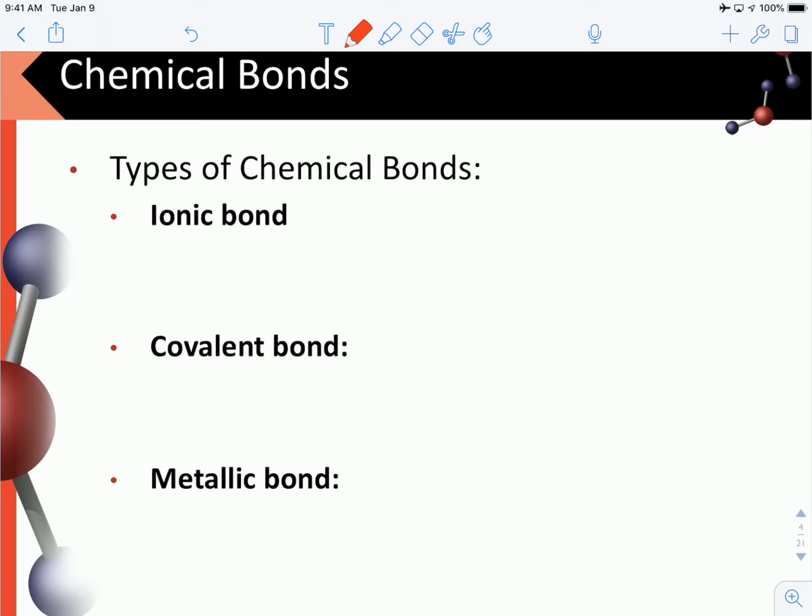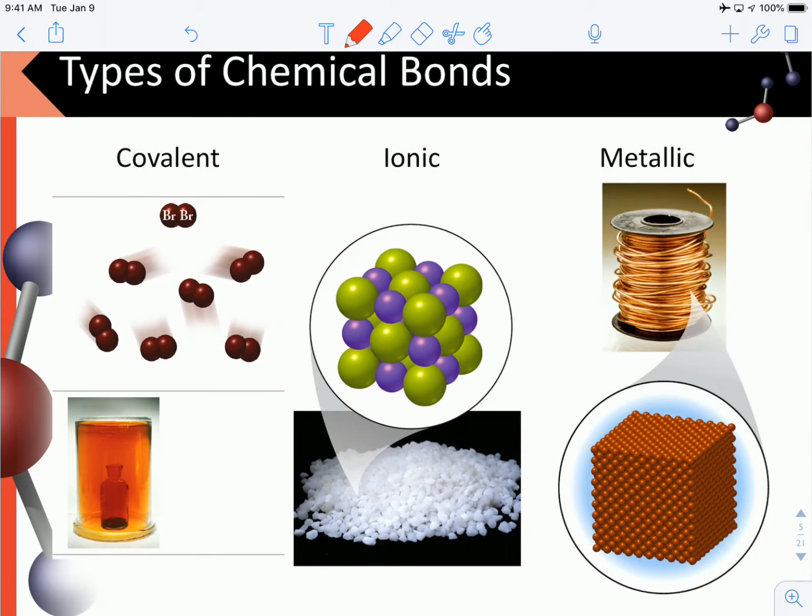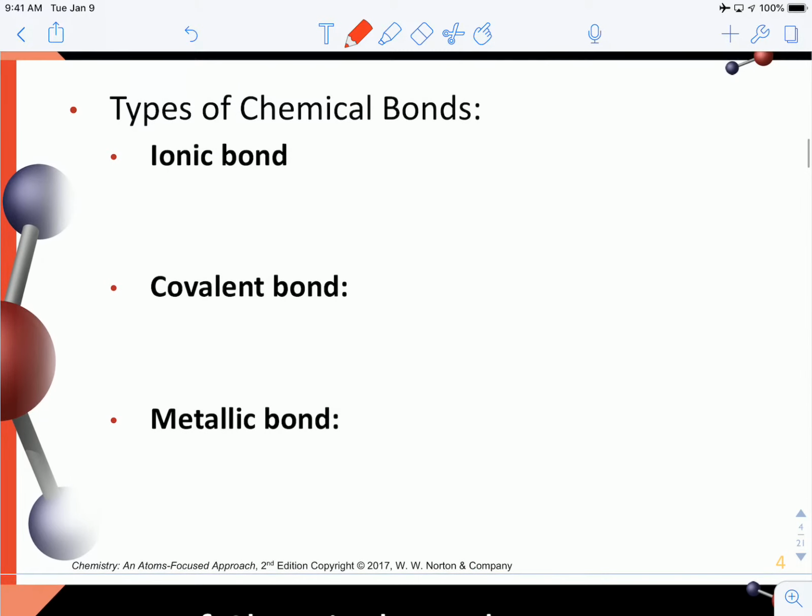So the first thing we want to talk about in this chapter is three types of bonds. They're ionic, covalent, metallic. And the easiest way to talk about these is to kind of look at these pictures here. So let's start with metallic bonds. This is one we're not going to spend much time on, and we're just going to introduce the idea. In metallic bonds, if this is my metal here, and these are my individual atoms, within the metal, we tend to think of it like a sea of electrons.